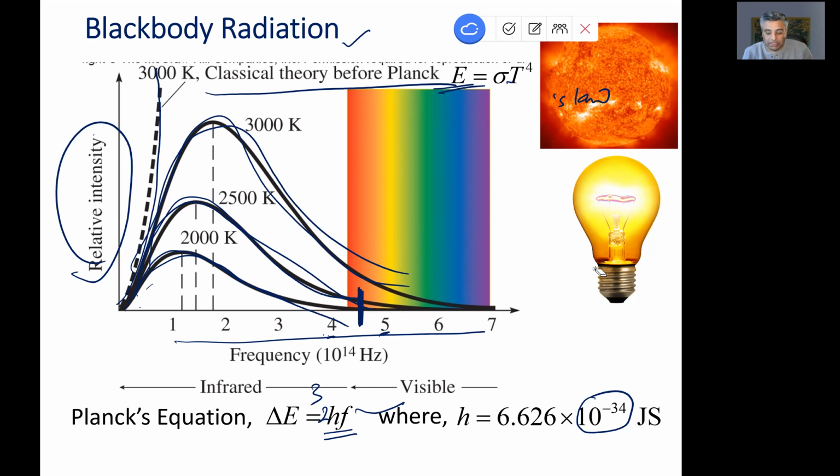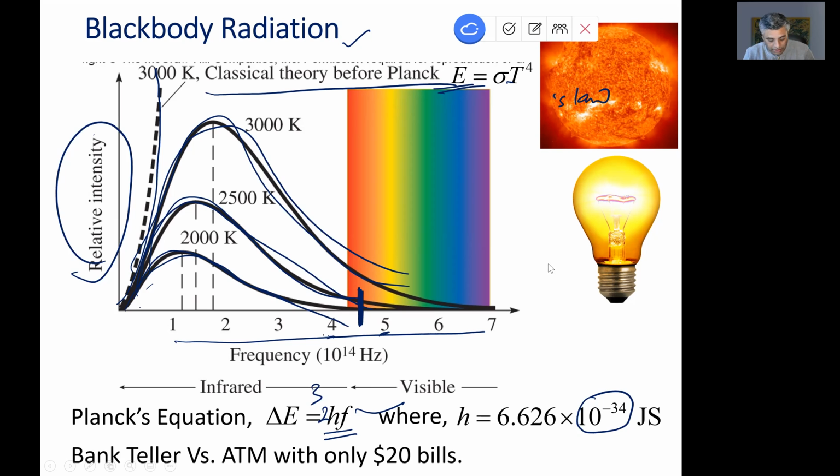For any oscillating particle, this equation of oscillation was derived in terms of the frequency of oscillation. And this idea of quantization, sometimes I like to describe it like an ATM machine. If you go to the ATM machine and try to get $7, you cannot get it.